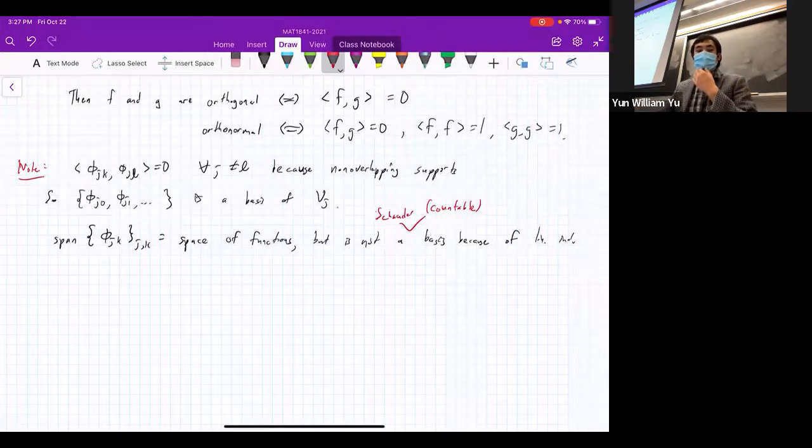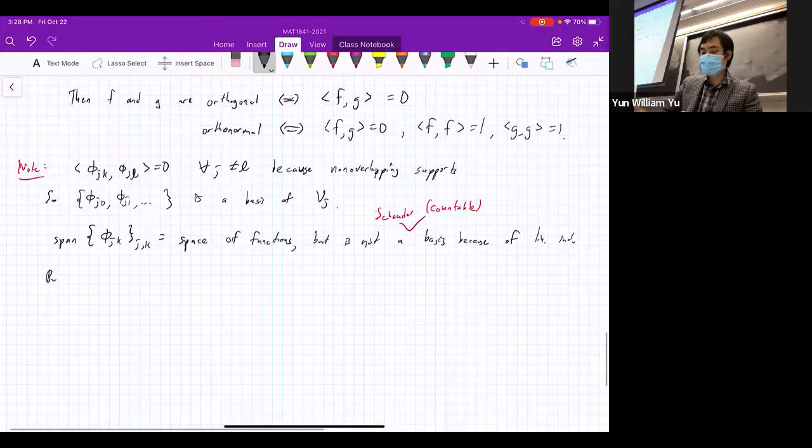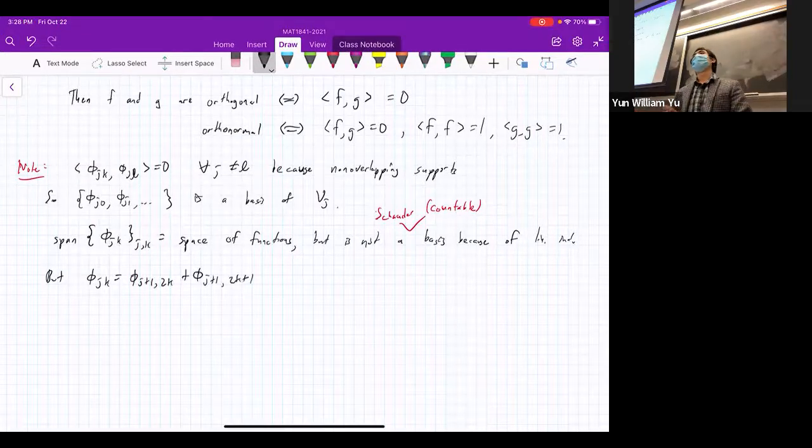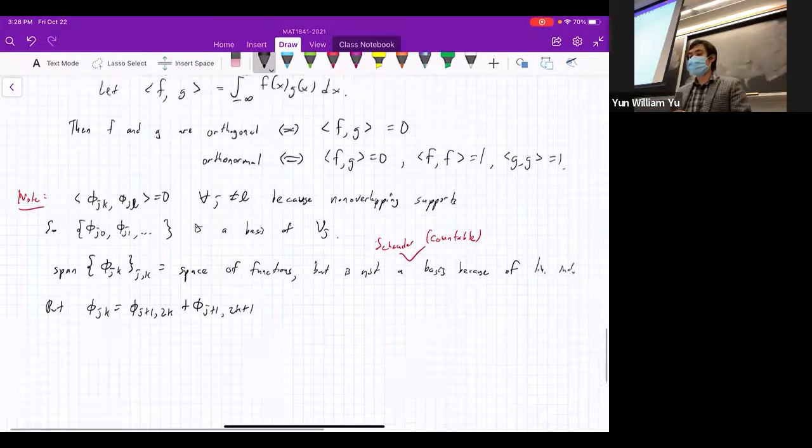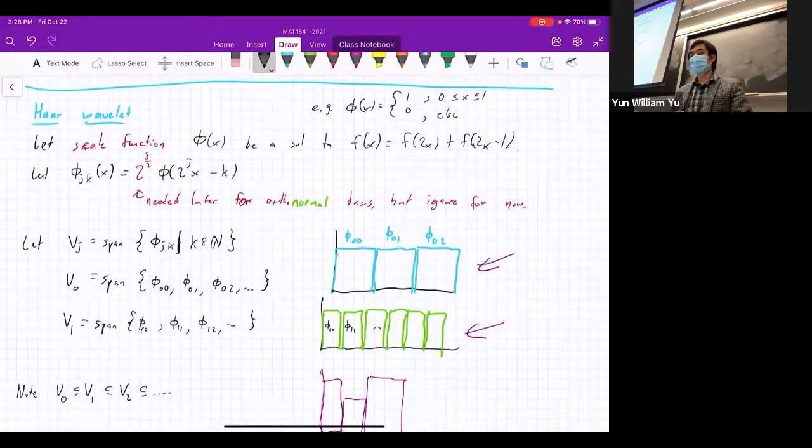But now we want to construct a basis out of these functions, right? And the big problem we have here is that phi_jk is equal to phi_{j+1,2k} plus phi_{j+1,2k+1}, right? This is because of the scaling factor.